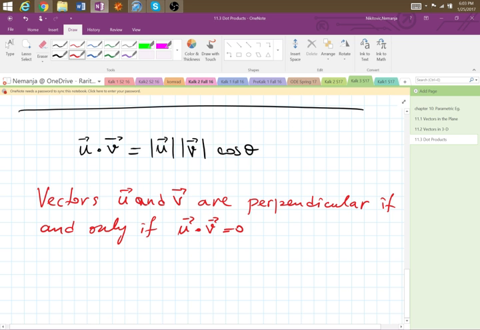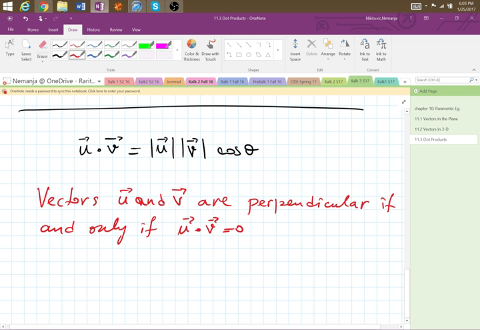So we have that, and obviously it holds for any dimension, except later on, after 2 dimensions, we say orthogonal. So you would say that 3 vectors that meet in a corner, you have x, y, z, so i, j, k unit vectors, are orthogonal to each other. We don't say perpendicular.